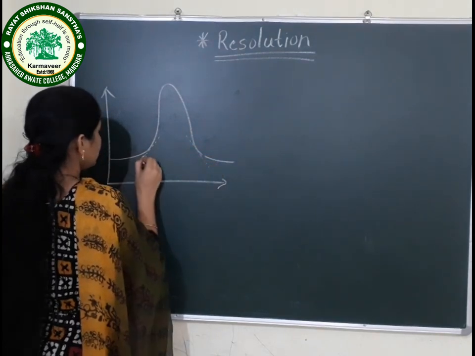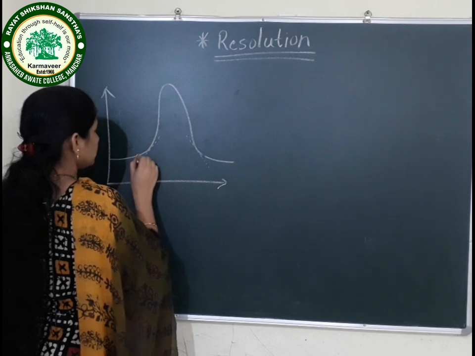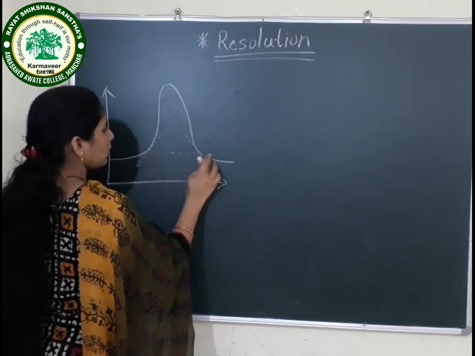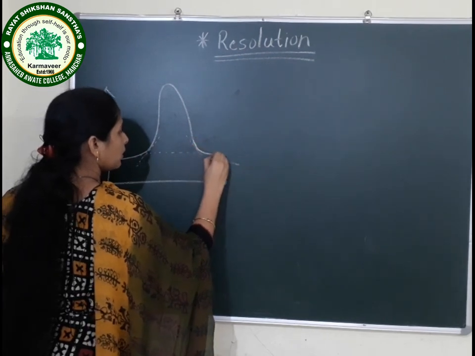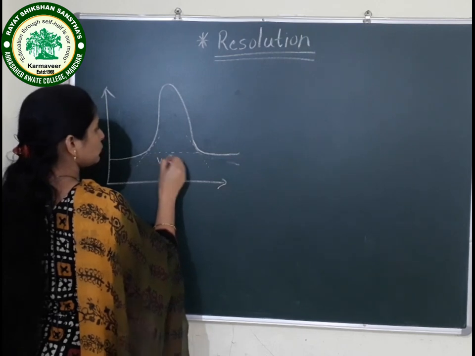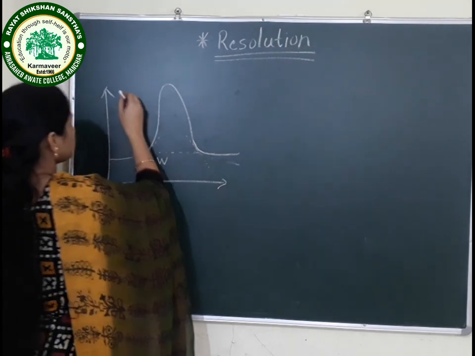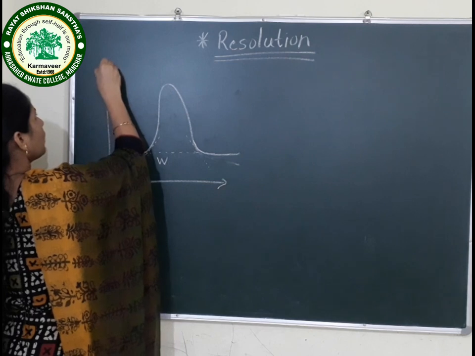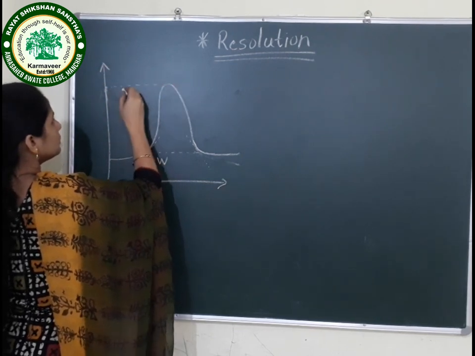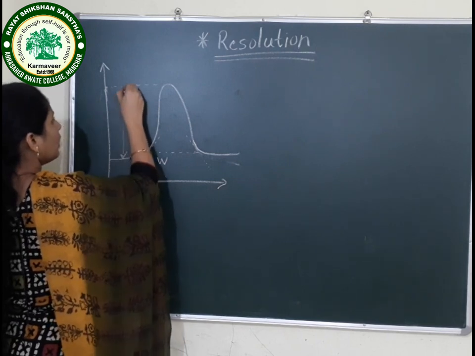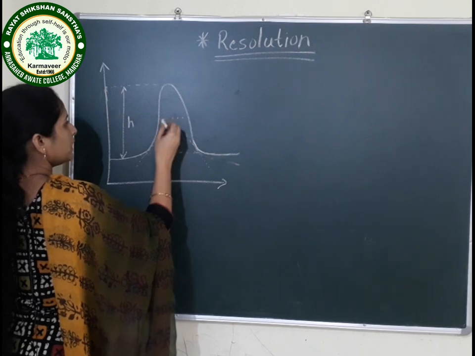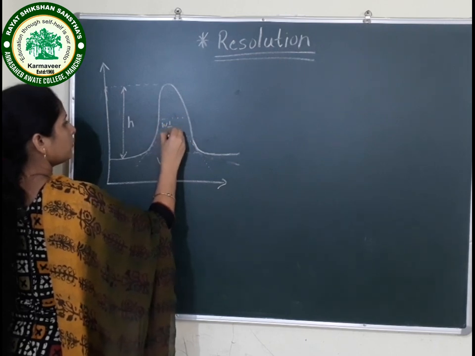By drawing the tangent, this is the width of the peak. And when we draw one line here, this is the height of the peak. And at half height, we get a W half.